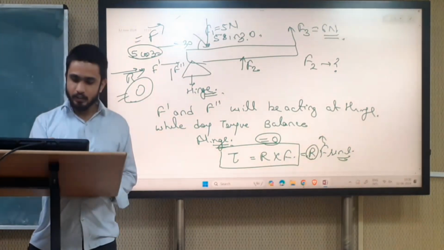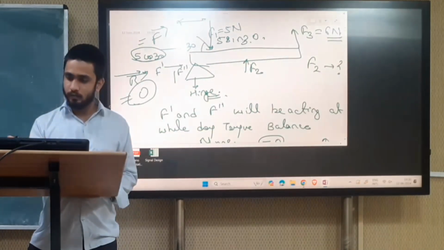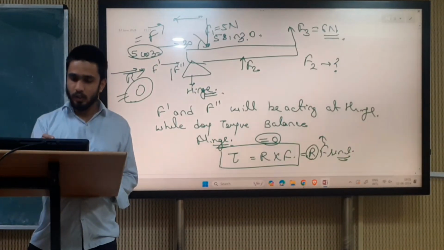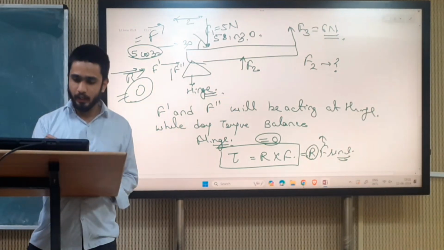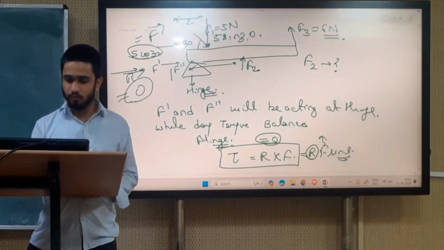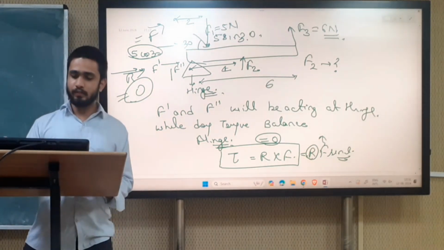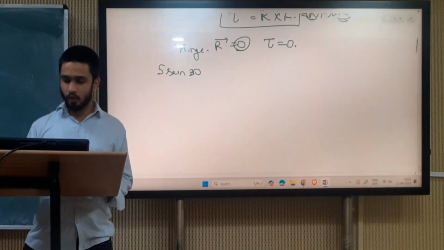Suppose that this distance is 2 meters, this distance is 4 meters and this distance is 6 meters. So 5 sin 30 into 2 in the clockwise sense.